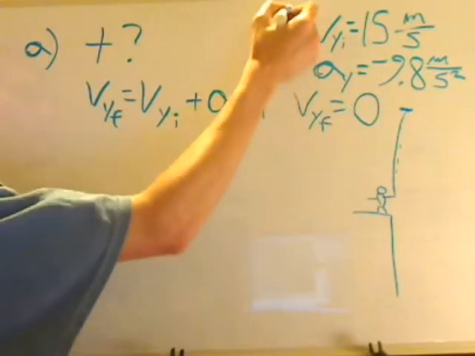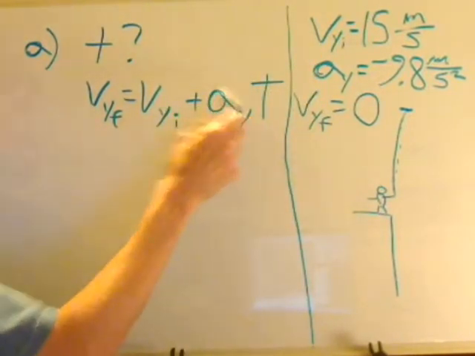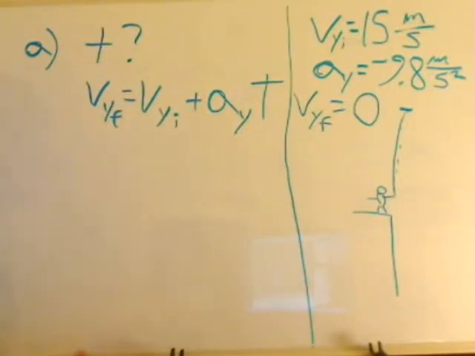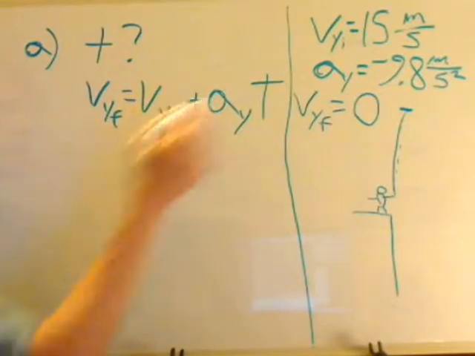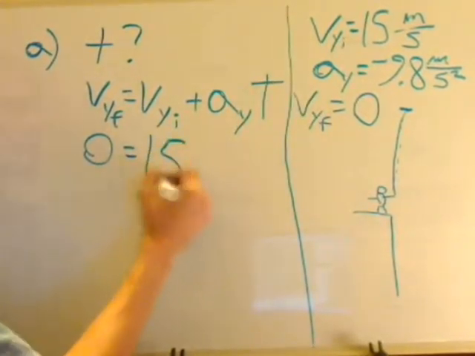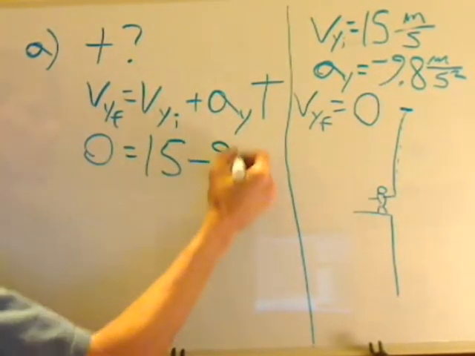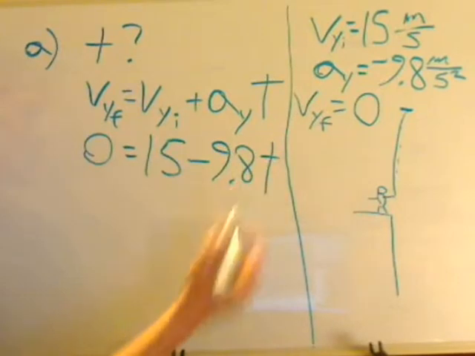As we had it listed previously, it was delta t, but t is basically the same thing. So we can plug this information in. Vy final is 0, Vy initial is 15, y acceleration is negative 9.8, times time.